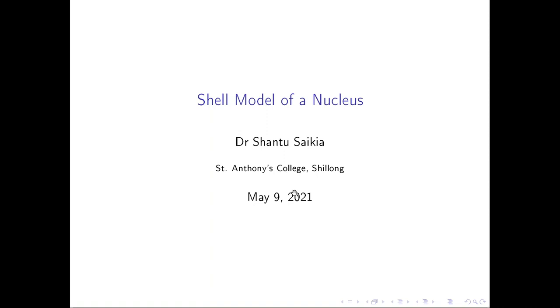So we talked about the liquid drop model of a nucleus in the last lecture, and as we have discussed, the liquid drop model is a model in which we consider a collective behavior of all the nucleons in the nucleus. The nucleus is considered to be analogous to a liquid drop.